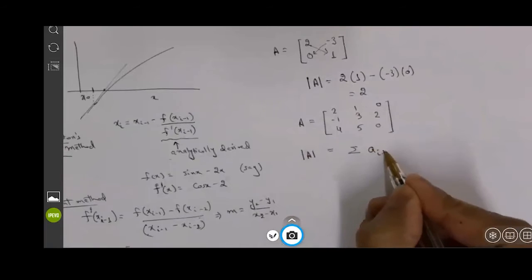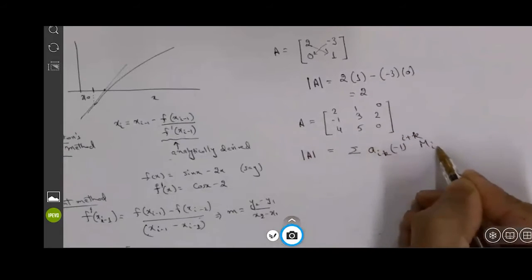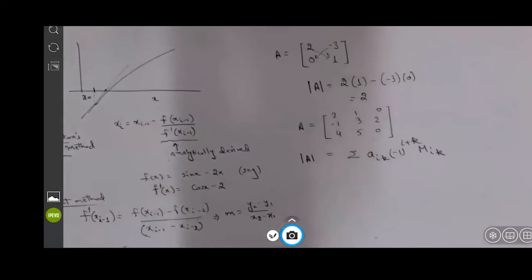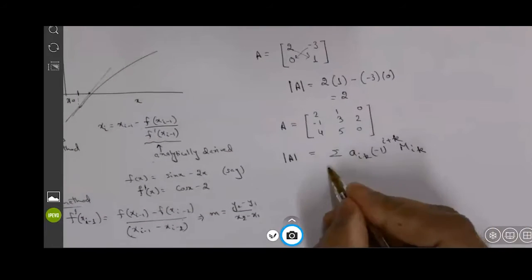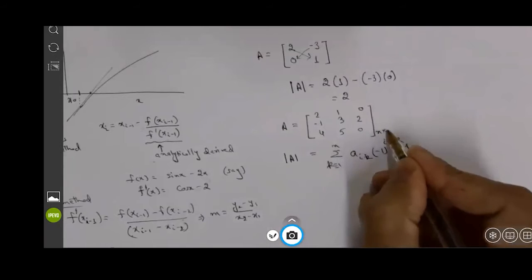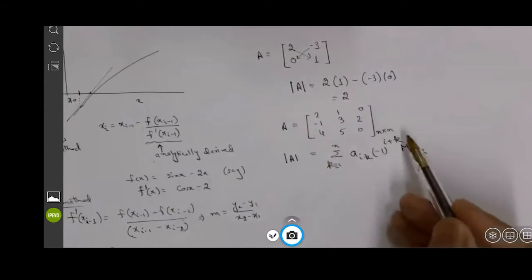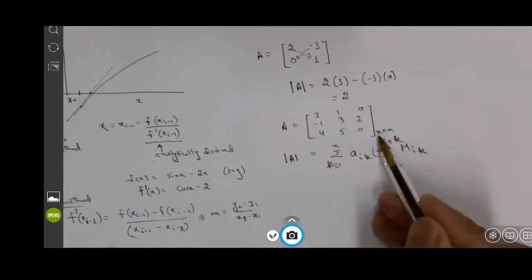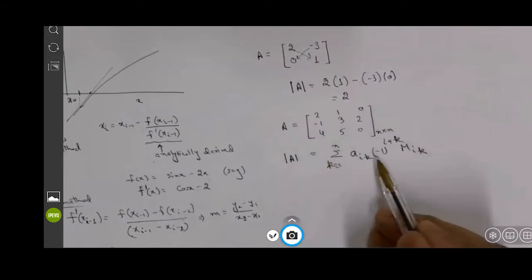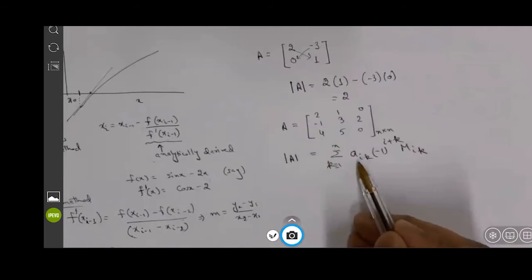The sum of A_ik times minus 1 to the power i plus k times M_ik, where k goes from 1 to n. So this is our n by n matrix. The determinant we can define for square matrices, so for n by n, here 3 by 3. K goes from 1 to n, A_ik representing the element of the ith row.